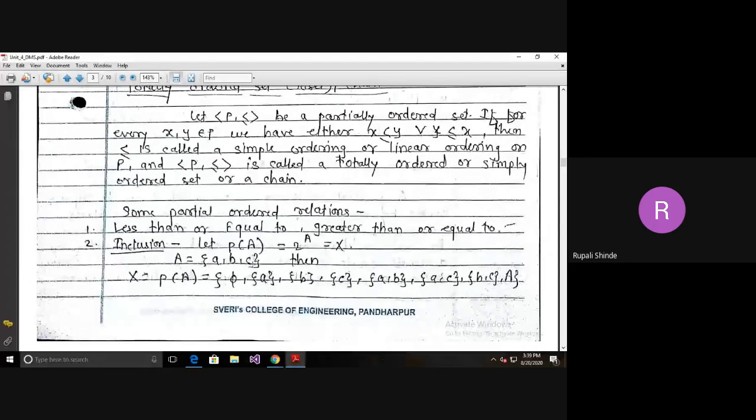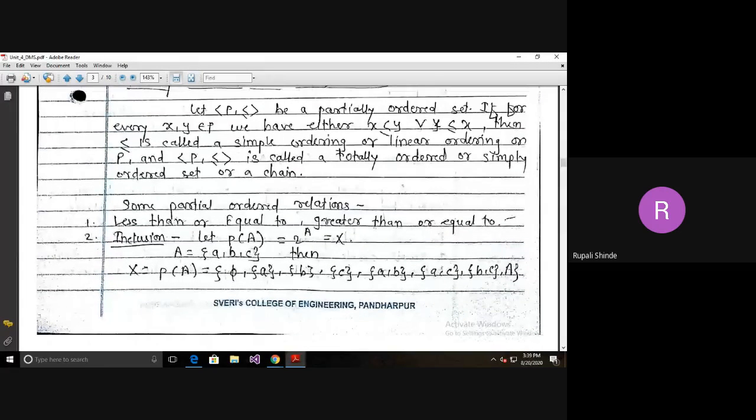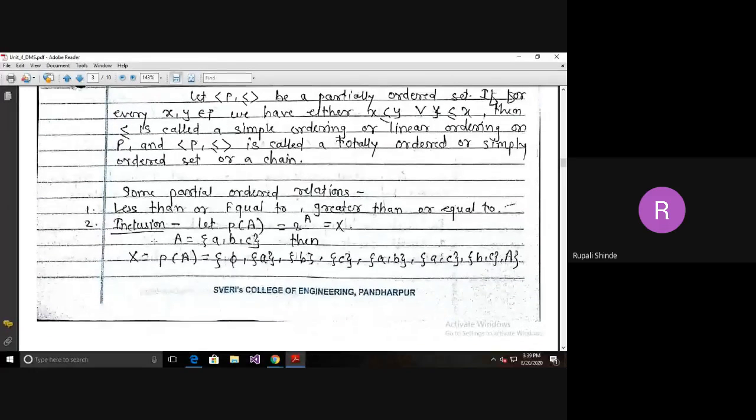So here some examples are given for partially ordered relation. This partially ordered relation can be less than or equal to, or greater than or equal to, or it can be the relation of inclusion. We have seen the definition for power set, and that power set is given by the formula 2 raised to n.